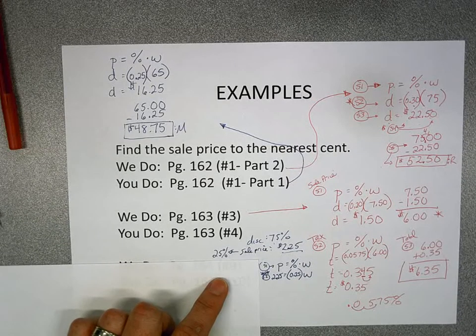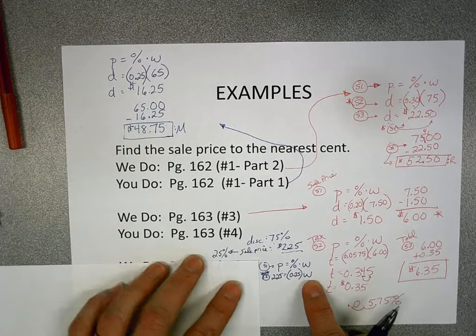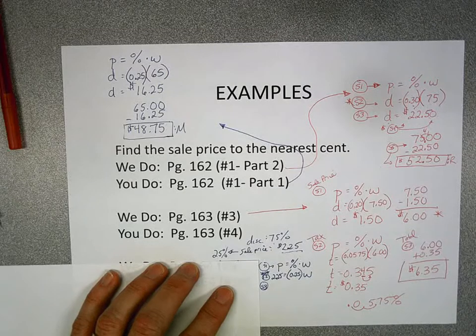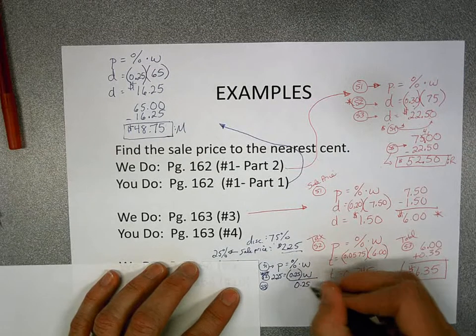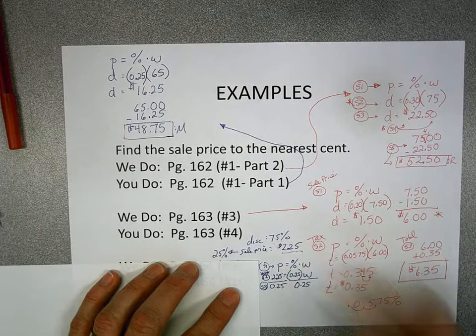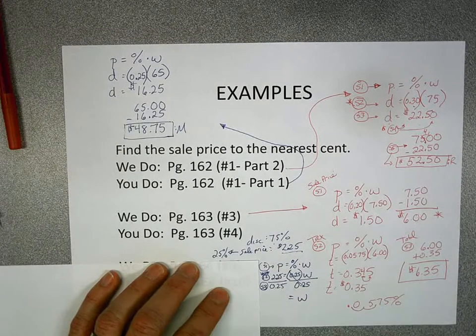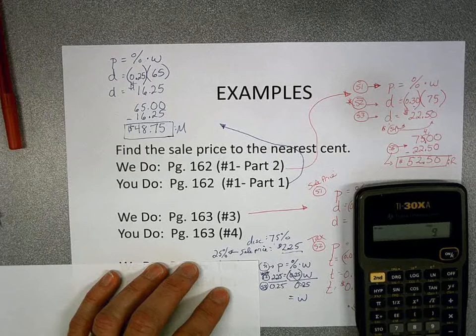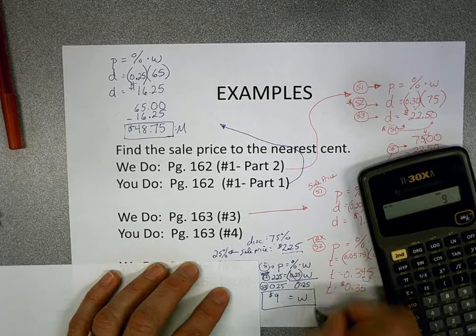And we now know the original price is the whole. So, step 3, remember I said we're going to simplify or solve? Well, this is one where we have to solve, meaning we have to divide both sides by 25 hundredths. That way, we find the whole, which is the original price. I put 2.25 divided by 0.25 equals, ladies and gentlemen, the original price was $9.